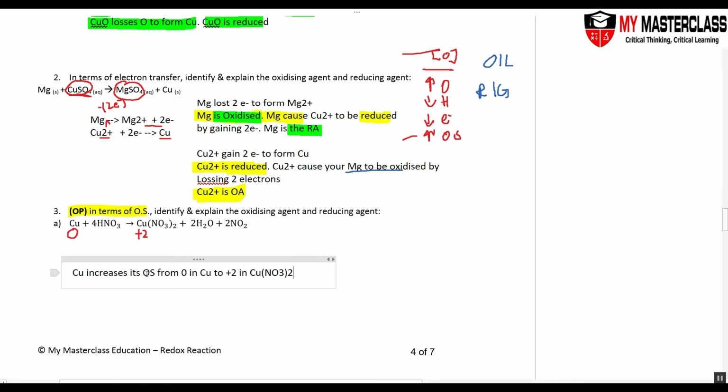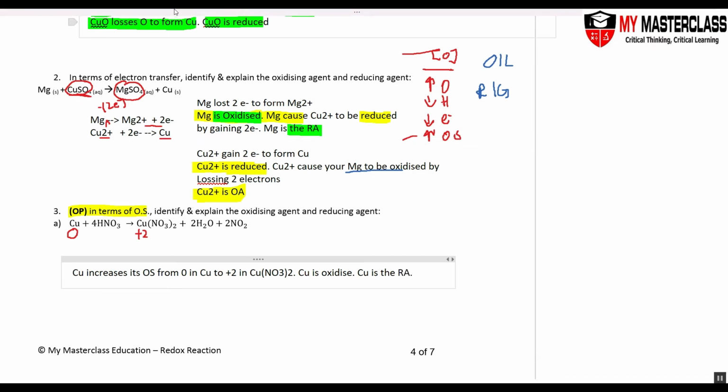So the oxidation state increases from 0 in the element, your starting material, to plus 2 in the product side, which is your copper nitrate. So your copper is oxidized, and by the logic, since it is oxidized, the copper is the reducing agent.